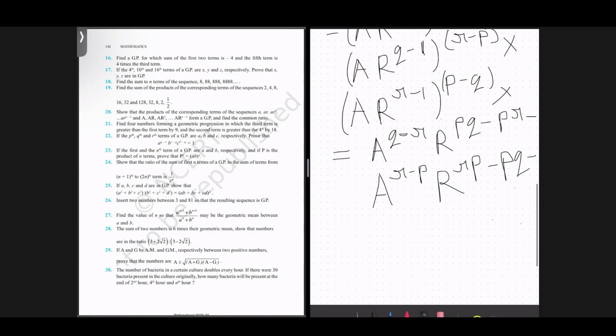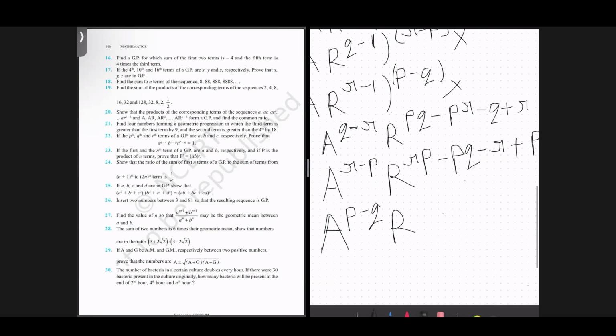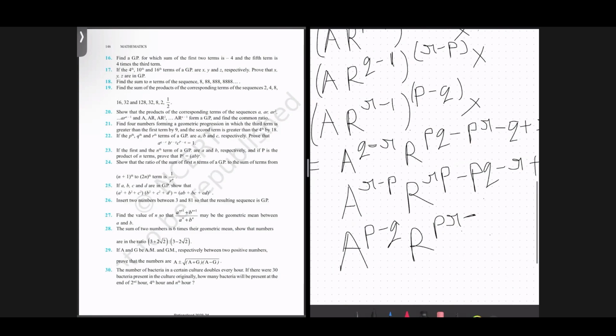For the third and the final term, it's going to be A raised to the power P minus Q, R raised to the power PR. Sorry, is it going to be PR? I don't think so.